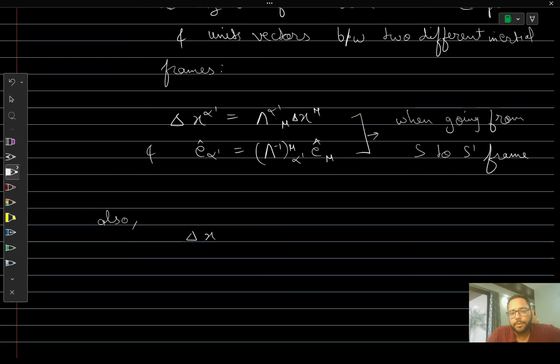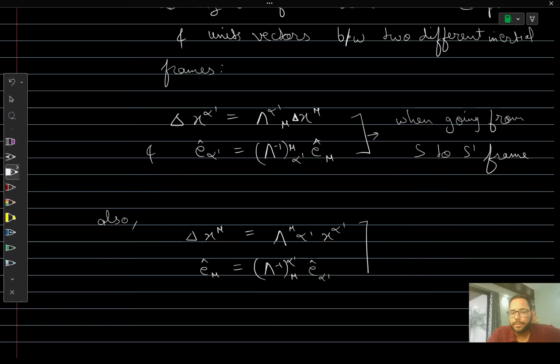This is again delta here, delta in S frame, you can write it like this, with the inverse mu here, and of course alpha here, and this will be alpha prime in the prime frame.